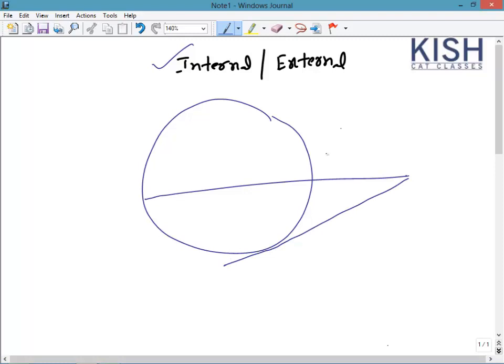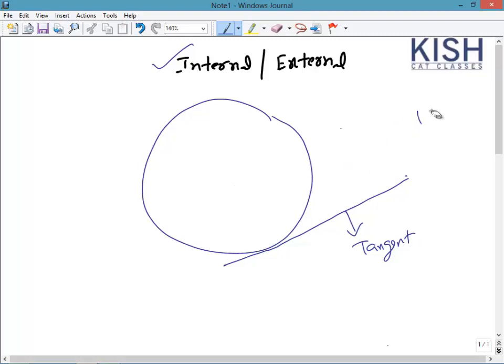Now, first one, this one is called a secant. The other thing is called a tangent. Well, tangent is an important property. Secant, we get very rarely, questions related to secant, but quite often we come across tangent in mock CATs, particularly in the CAT exam also.